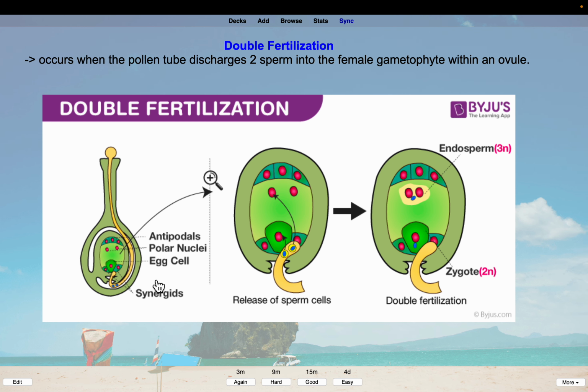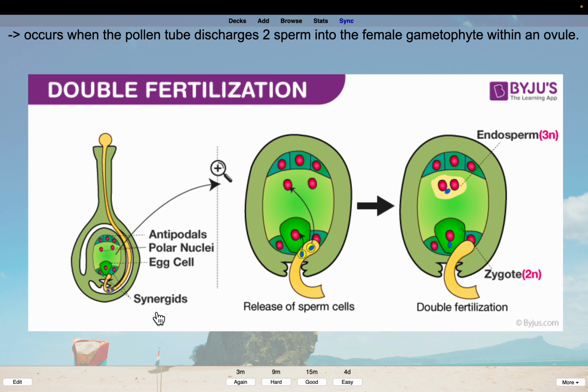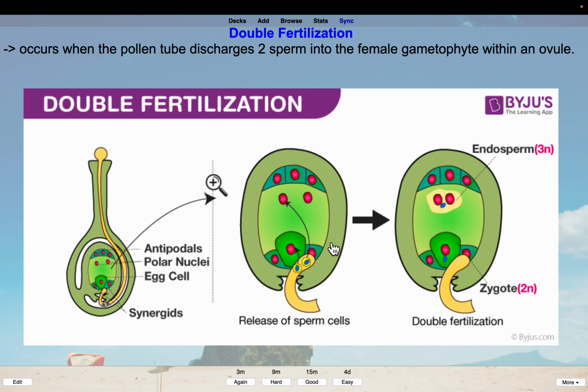Where do we see that in this illustration? We have synergids, antipodals, the polar nuclei, and this is the egg cell over here. These are the two sperm within the ovule itself.